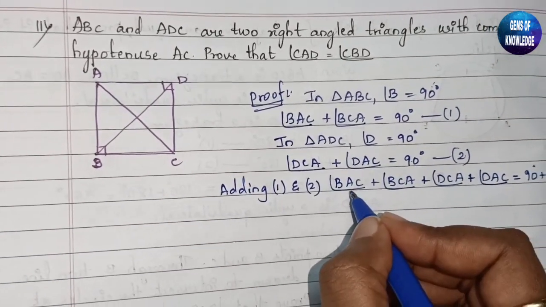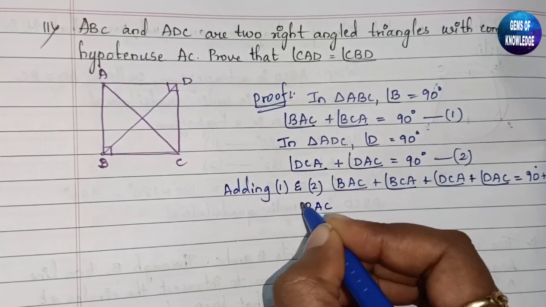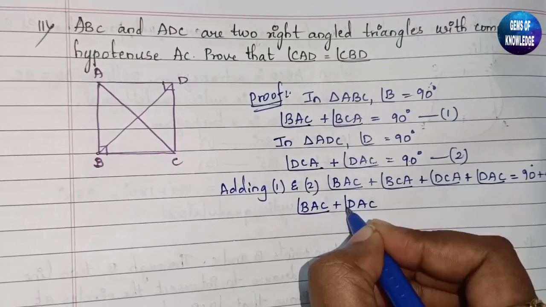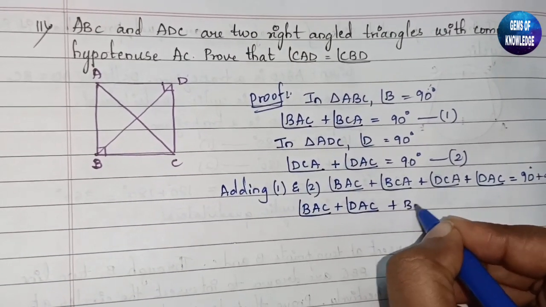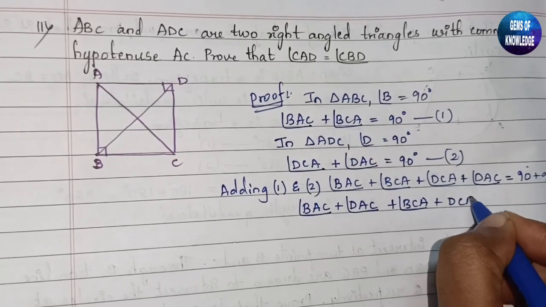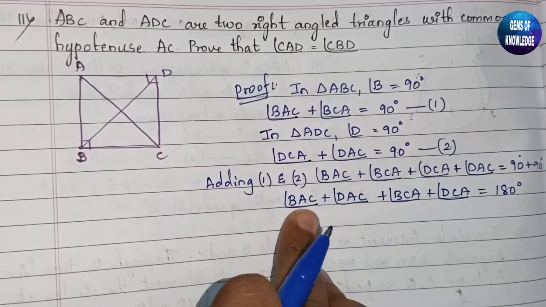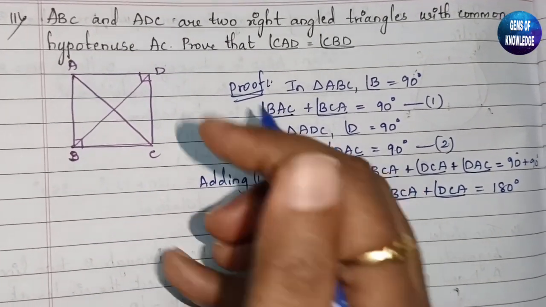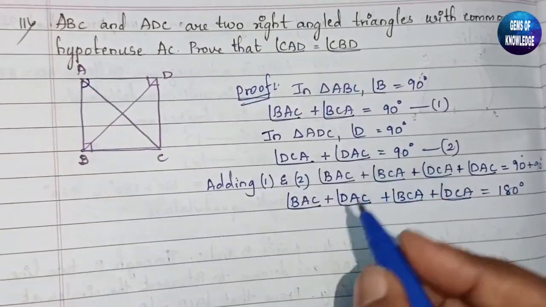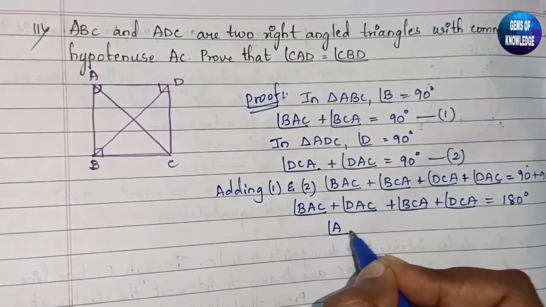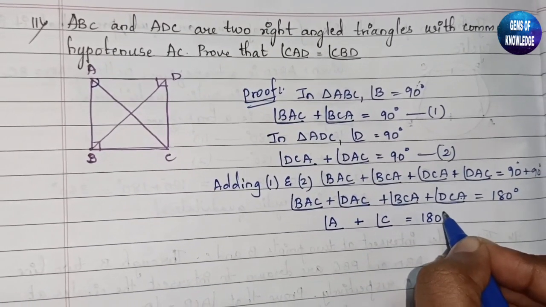Bringing angle BAC and DAC closer, and BCA and DCA closer, it equals 90 plus 90, which is 180 degrees. BAC plus DAC together give angle A, and BCA plus DCA together give angle C. Both together are equal to 180 degrees.